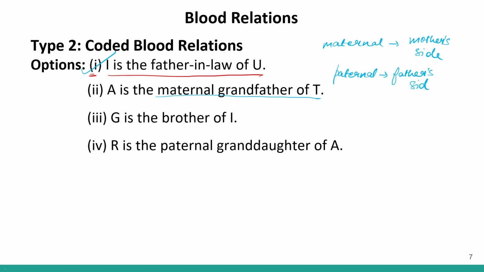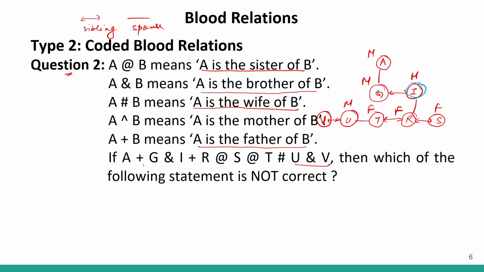Correct? Now, so A is the maternal grandfather of T. So let us check. A, I can see, is basically not maternal but paternal, because A is I's father and I is T's father.